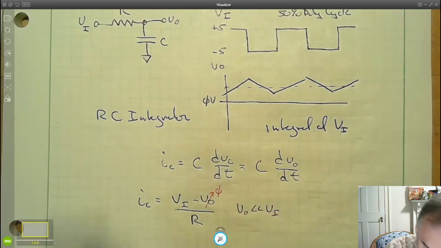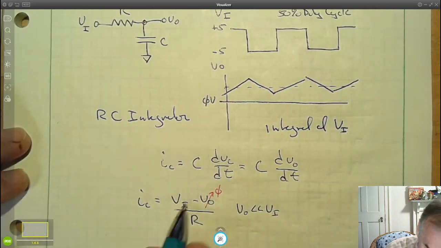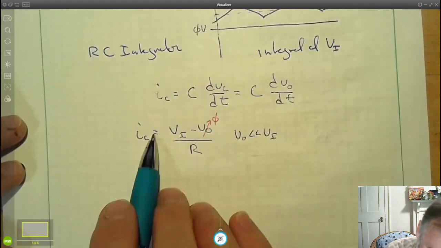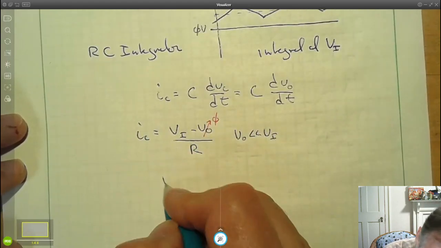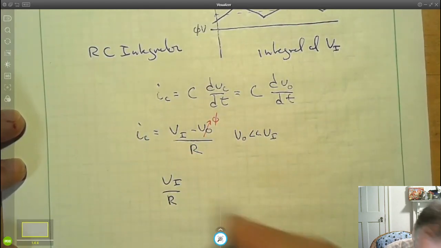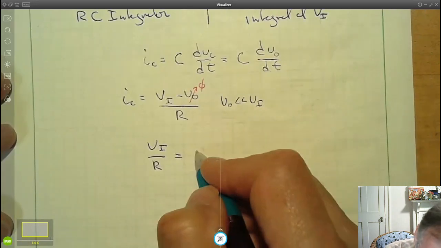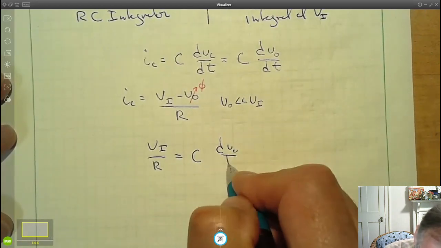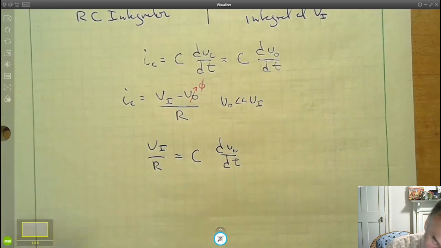So we're just going to ignore it, and we get I equals V in over R, so we can substitute that here. V in over R is equal to C dV out over dt, and we're going to integrate both sides.